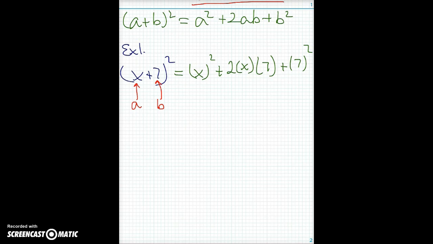All I did was substitute in x for a and 7 for b into this formula up here. So now I can simplify this, and I get x squared. 2 times 7 is 14, so I get 14x plus 49.